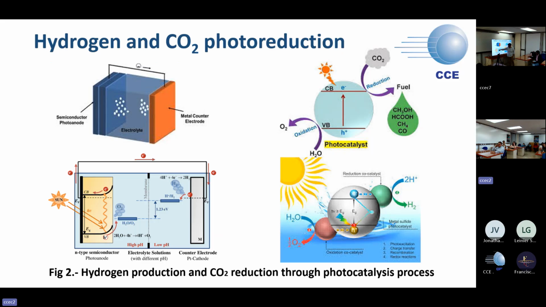So we have a positive region in the semiconductor, and we are going to attract the electrons from the solution, in this case, for example, from the pollutant or from the water if we produce hydrogen. So what we are performing at the end is an oxidation process.